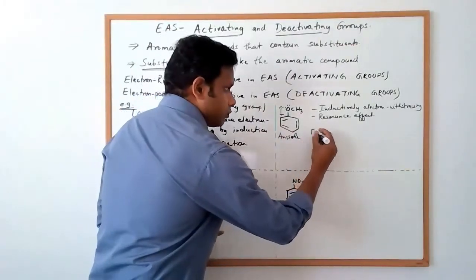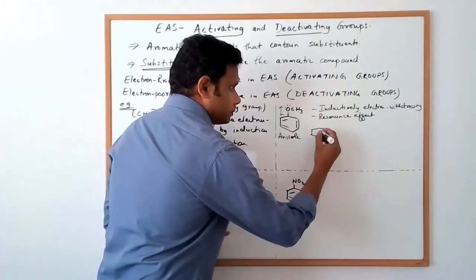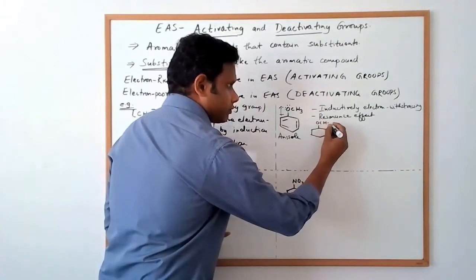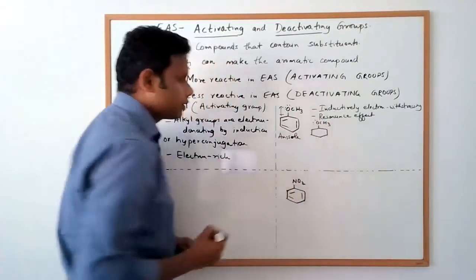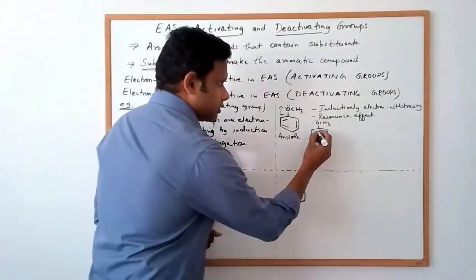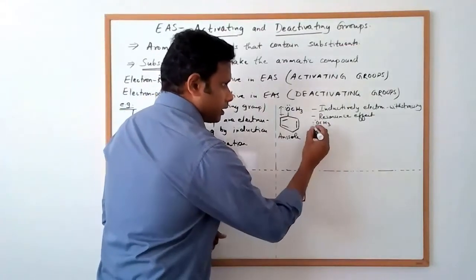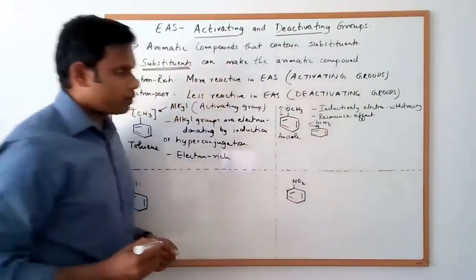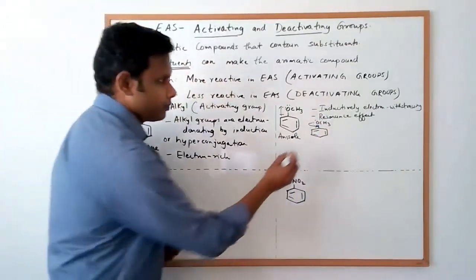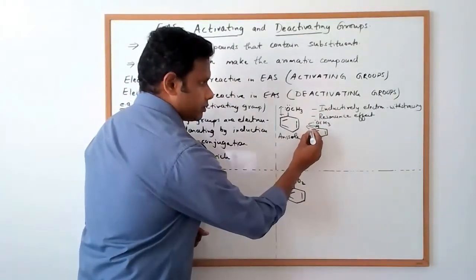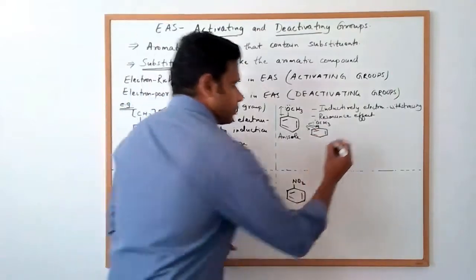So if we start with methoxybenzene, you have OCH3, a lone pair on the oxygen, and the aromatic ring. So I can start with the lone pair on that oxygen and push it down. Simultaneously, this double bond would come here.